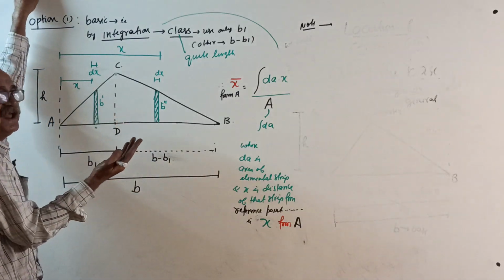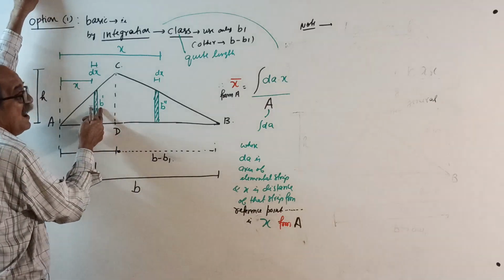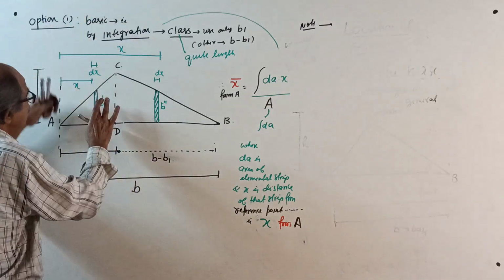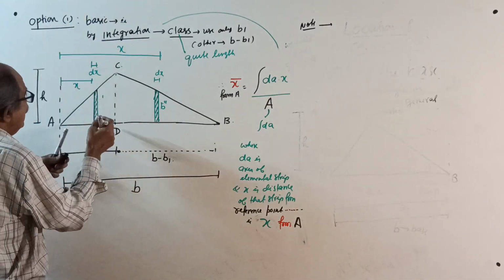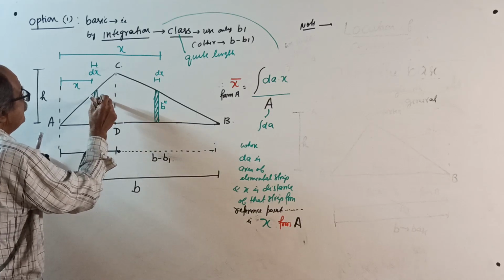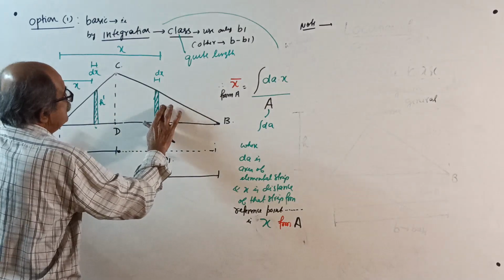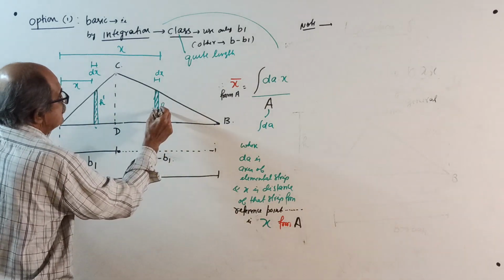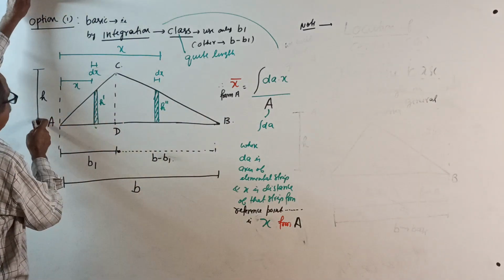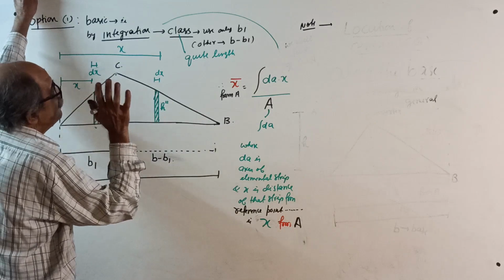Or I can call it H dash, height H dash, that is much better. Instead of B dash, this is called H double dash. Now see, this is H, height H dash, H double dash.